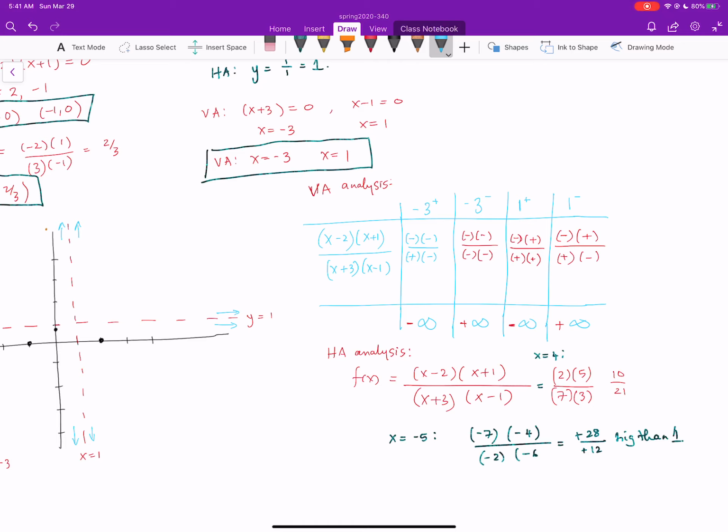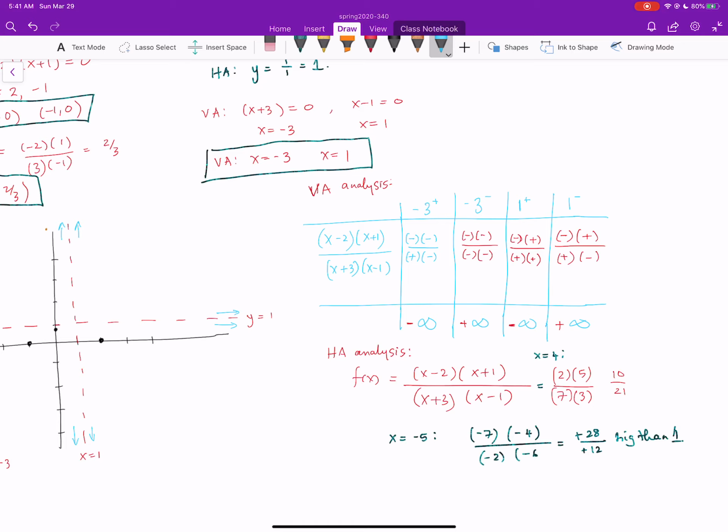If I pick, from the right, negative 2.999 and plug it into each of the factored expressions of the function, I get these signs: negative, negative, divided by positive, negative.